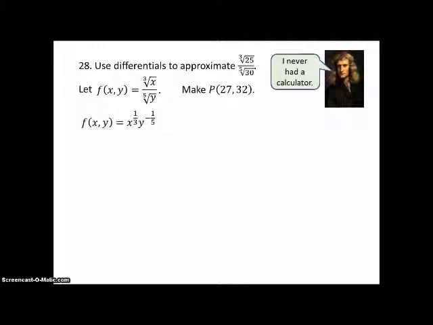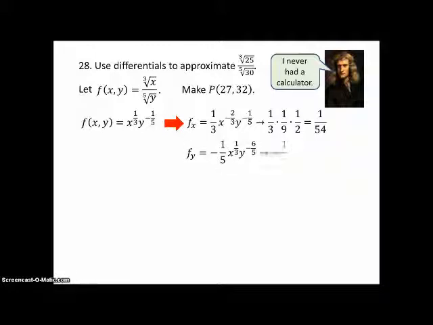So here's our function written in a way that's easier to take the derivative of. And so our partial derivative with respect to x is as follows, and then we plug in our nice numbers for x and y, 27 and 32. And then our partial derivative with respect to y is just a little bit different, and then we plug the numbers in again and get that for our value.